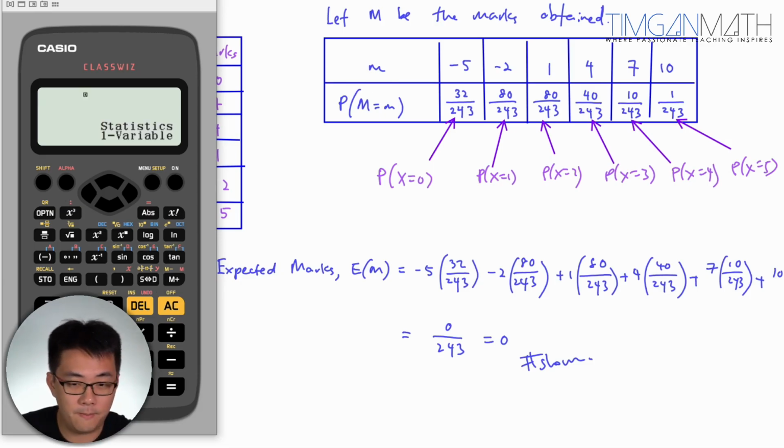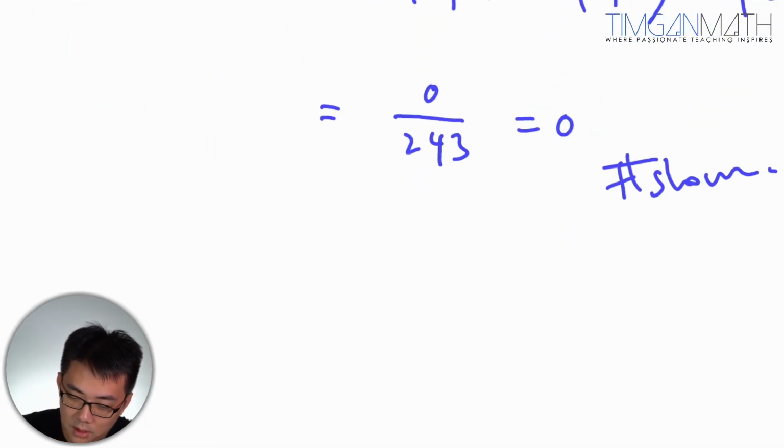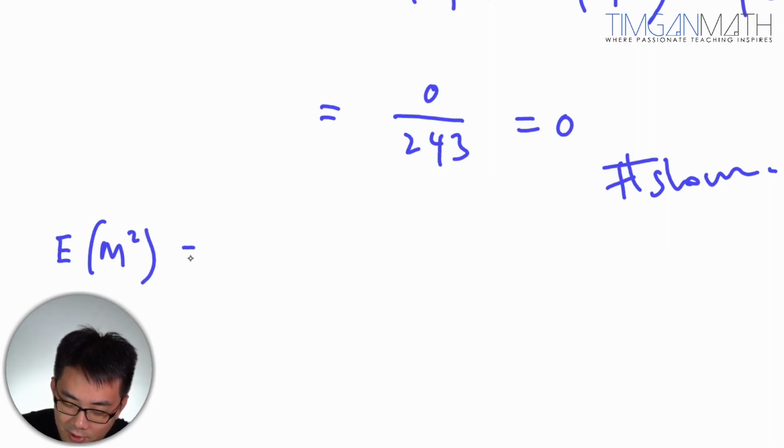The option there, one variable calculate, I think, and there you go. Oh, E(X squared) is 10, very conveniently 10.